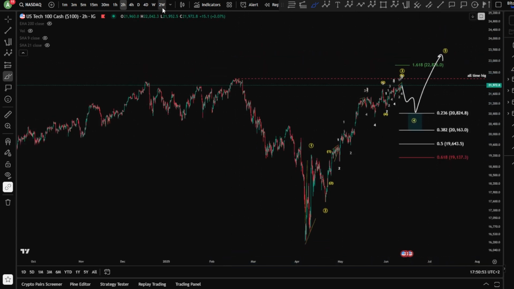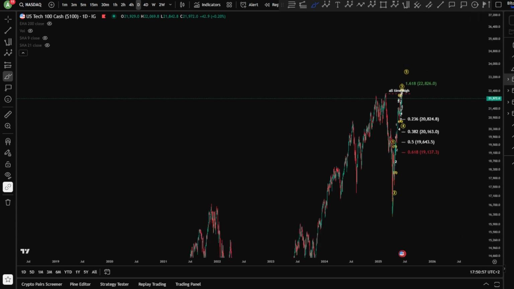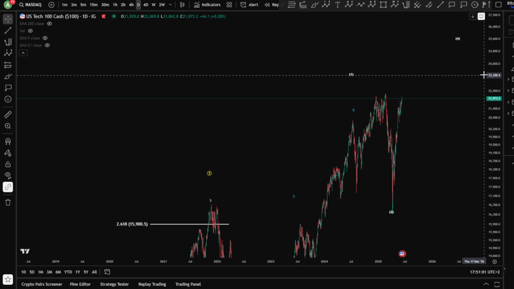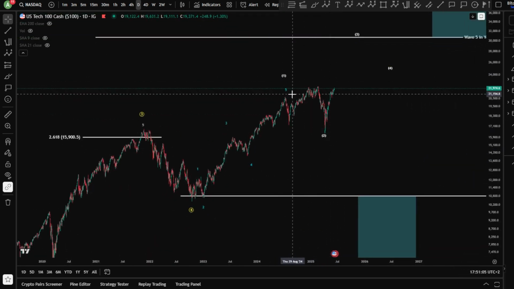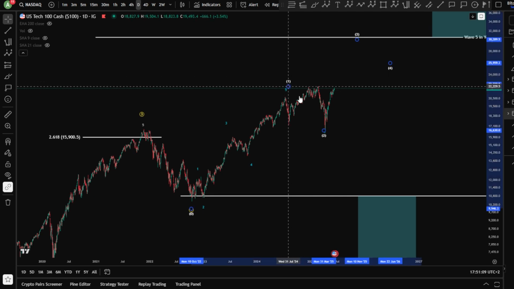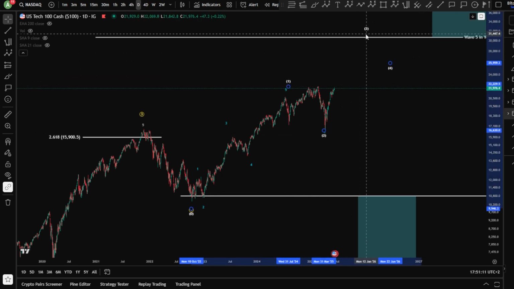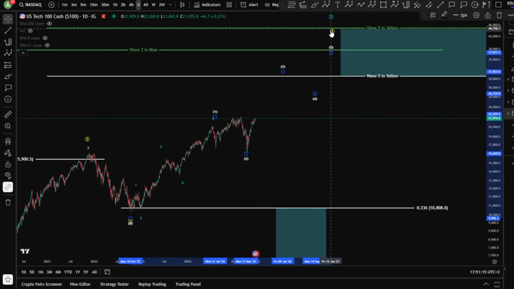And what is next, therefore? Of course, on the daily, that means something very interesting, which is, of course, continuation of something much higher here. And I would say after finishing here a 1, 2, 3, 4, 5, you got, of course, a wave 1, 2 for a wave 3. So we are heading for a wave 3 toward the upside to finish a wave 5.